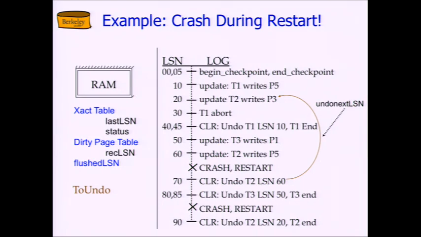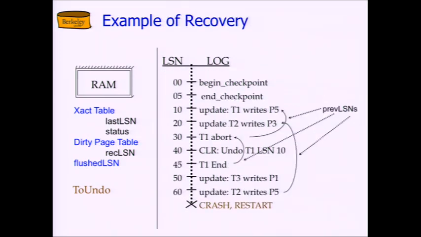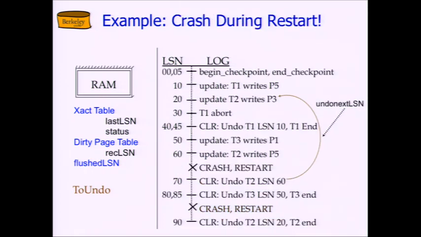And we found it because it's the prevLSN of 60. If you looked at log record 60, which is the thing we were just undoing, it had a prevLSN in it, which I left off the slide. And the prevLSN for 60 was 20. So the undo next LSN of 70 is 20. That's the thing to undo next, right? All right.